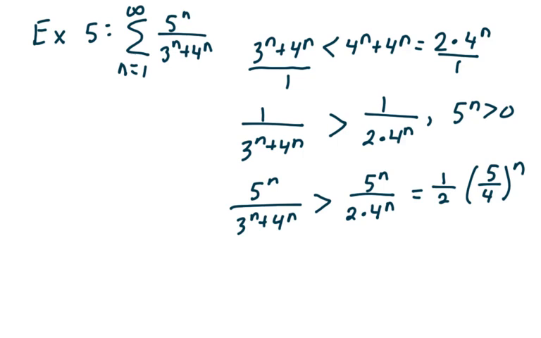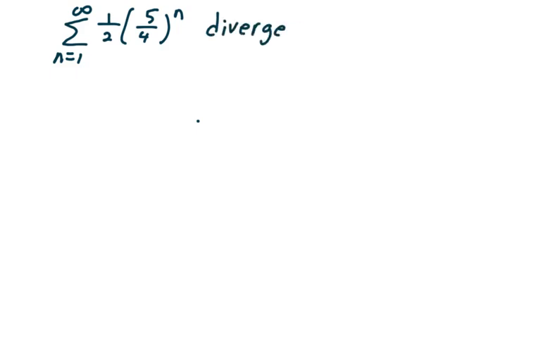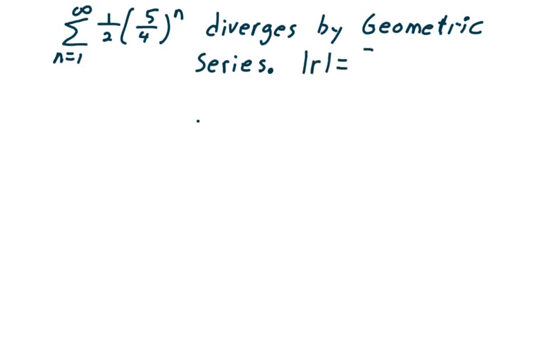So it's really interesting, okay? Now, look carefully. So the summation from n equal 1 to infinity of 1/2 of 5/4 to the n, what do you know? This diverges by geometric series. And by the way, the absolute value of r is 5/4, and that's bigger than 1.